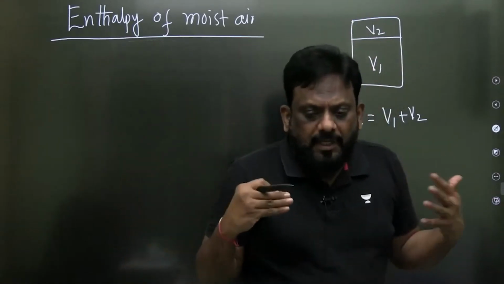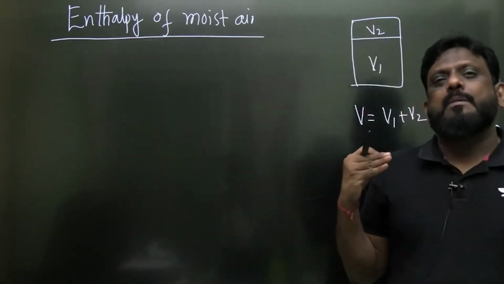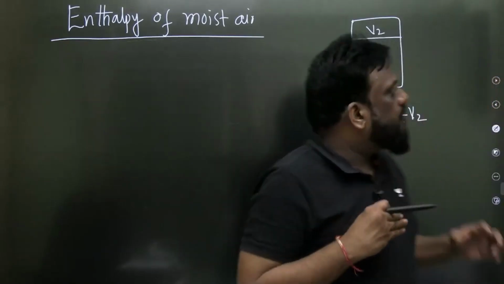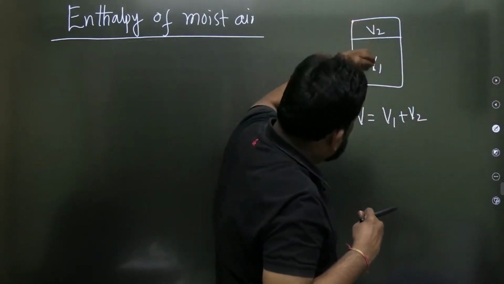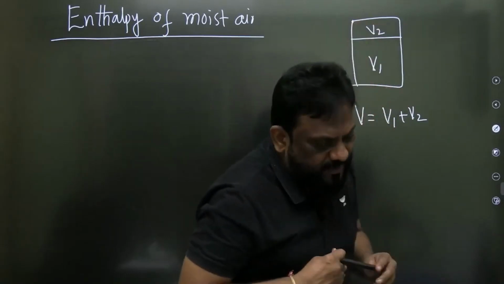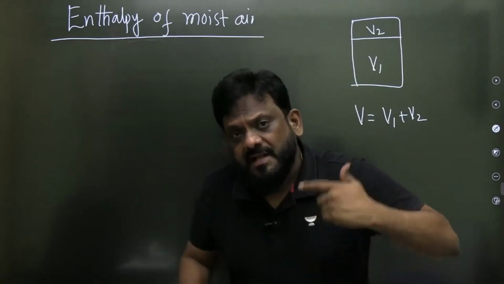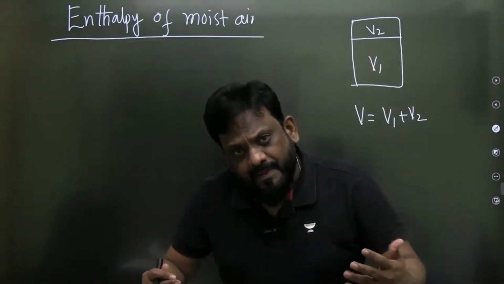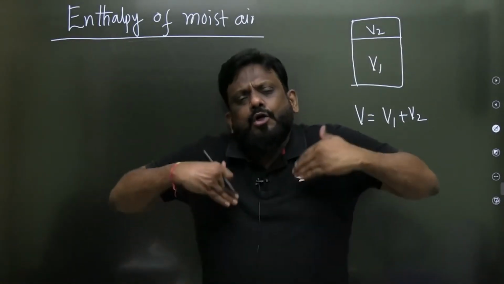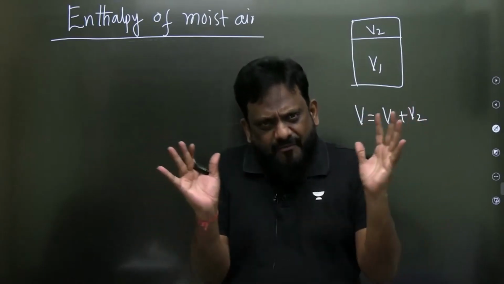If you want the total extensive property, it is equal to the sum of the individual extensive properties. For example, this volume plus this volume will give me this volume. Whenever you want total extensive properties, it is the sum of individual properties.